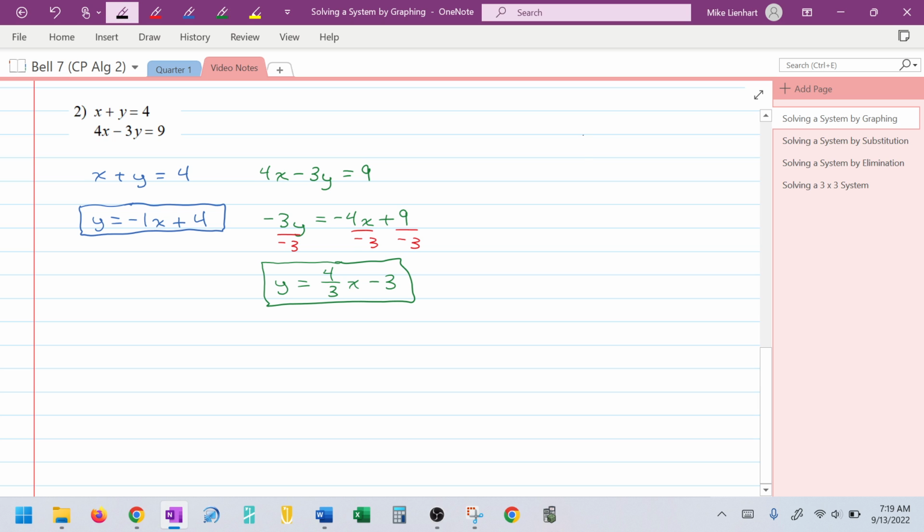I go to a coordinate plane. I draw the first line in blue, which has a y-intercept of 4, 1, 2, 3, 4, and a slope that says down 1, 1 to the right. And I sketch that line to the best of my ability.